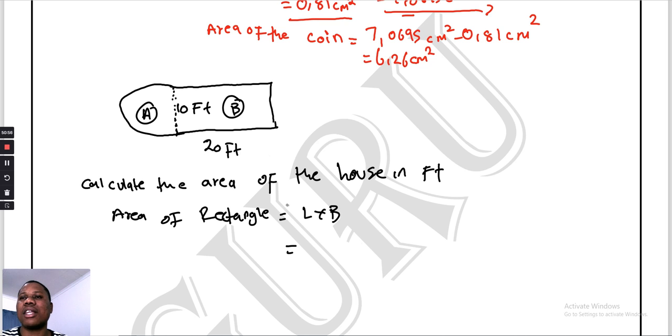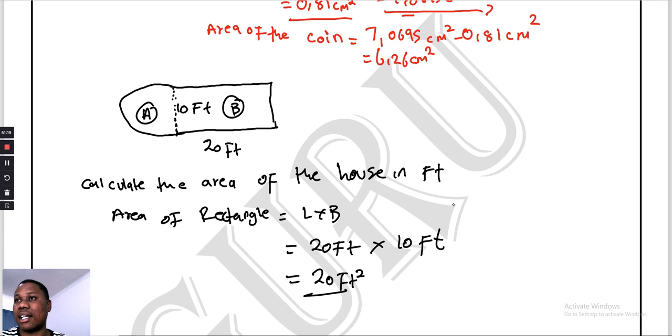So in this case, our length is 20 feet and our breadth is given as 10 feet. So our total area of the rectangle is going to be 200 feet squared.